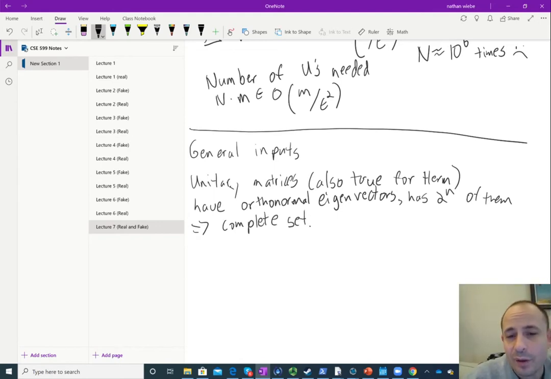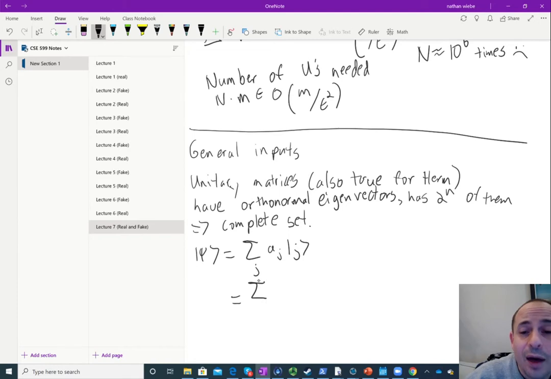And because it has a complete set of orthonormal eigenvectors, we can always view these eigenvectors as a basis to represent the problem. So for example, if we had psi equals sum over j, a sub j, |j>, we can rewrite this in terms of the eigenvectors of the matrix.